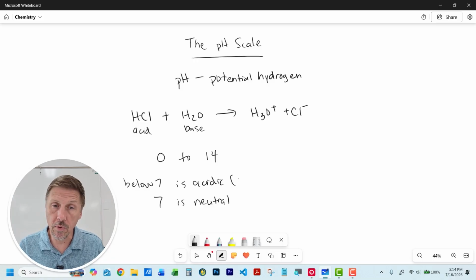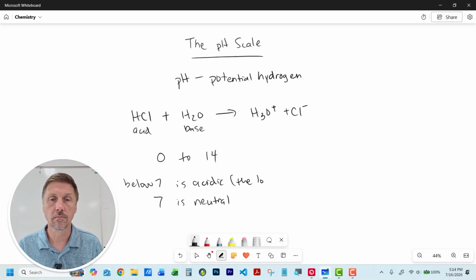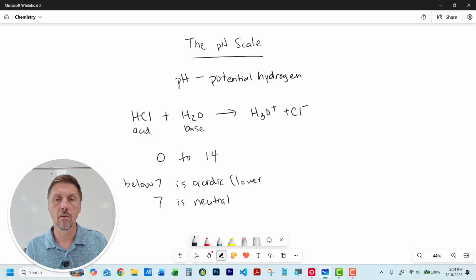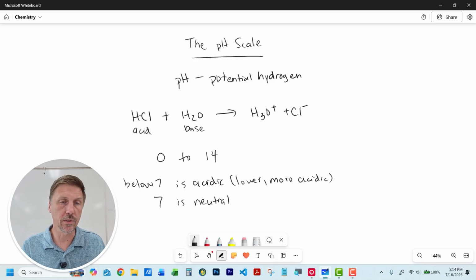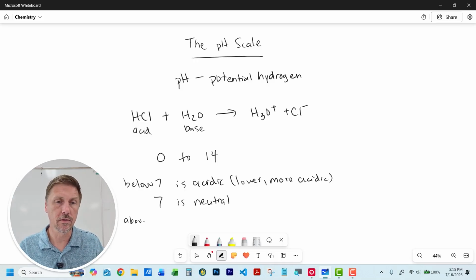Now, the lower the number, let me just write, lower means more acidic. And then, of course, as you would expect, above 7 is basic. And the higher the number, the more basic the solution is.